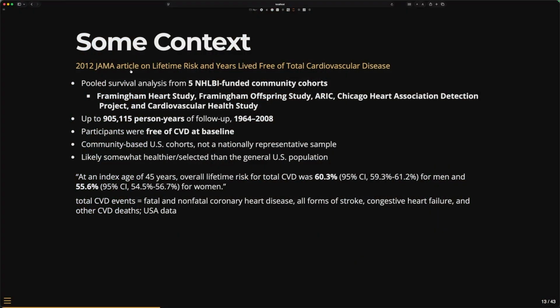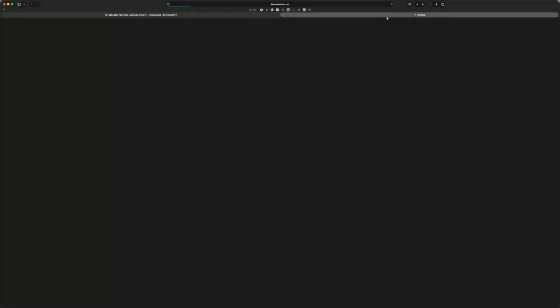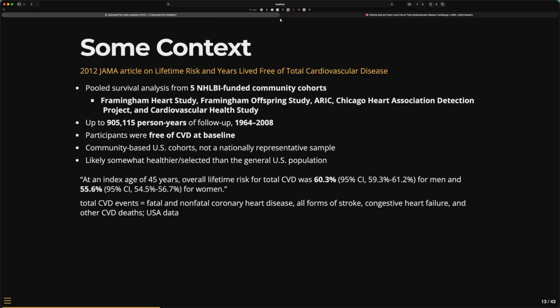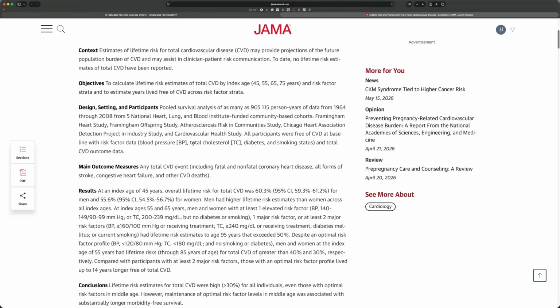From this article in JAMA 2012, it looked at estimating a lifetime risk for any total cardiovascular disease event. So that just includes fatal and non-fatal coronary heart disease, all forms of stroke, congestive heart failure, and other cardiovascular deaths, and it's from data in the US.